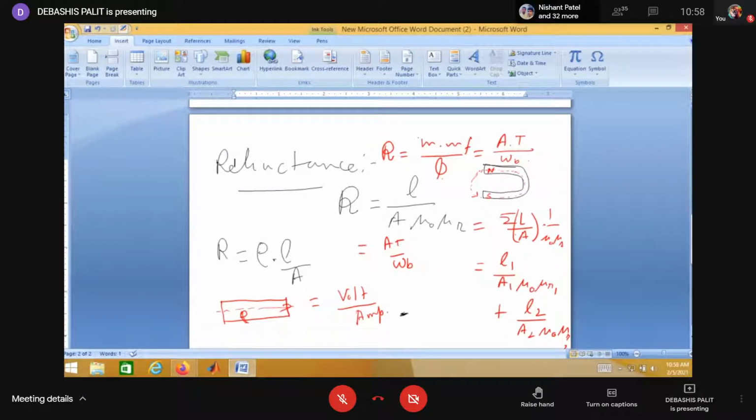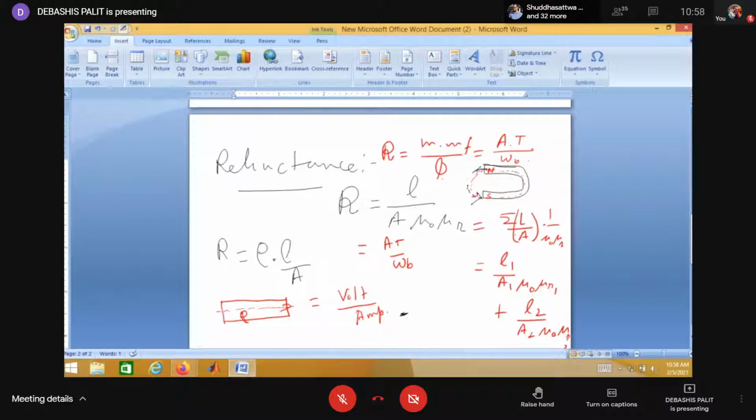Actually, in a U-shaped magnet, you have to notice how the flux is carried. Some flux is carried through the magnetic material, and flux always originates from the N pole and terminates at the S pole. Some of the path it covers through the air.